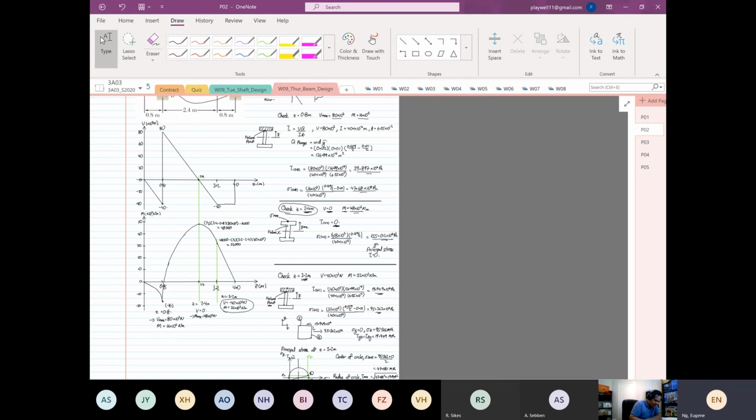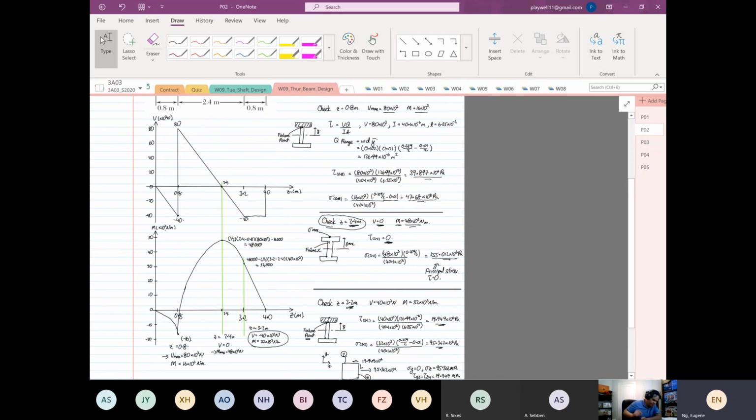You have to sketch your shear force and bending moment diagram. Then you have to look at points of interest. What do I mean by that? Where you have V that's very high, however moment is low, you have to check this point because it has your highest shear force.